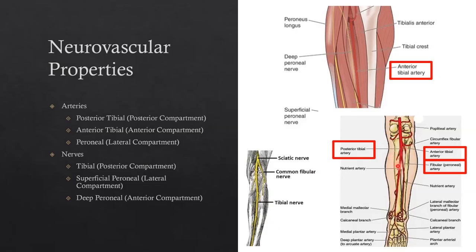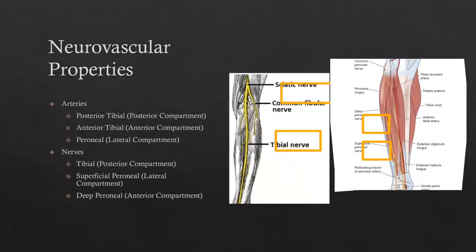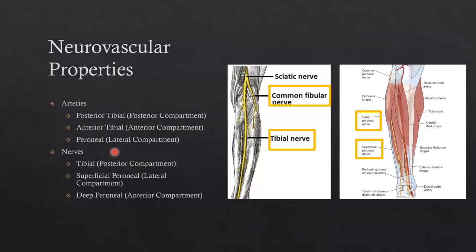As we move down here, the posterior tibial artery will further bifurcate into the peroneal or fibular artery. Because this artery runs on the lateral aspect of our lower leg, this will mainly supply the lateral compartment. Now for the nerves, remember that on the posterior side, we have this huge sciatic nerve.